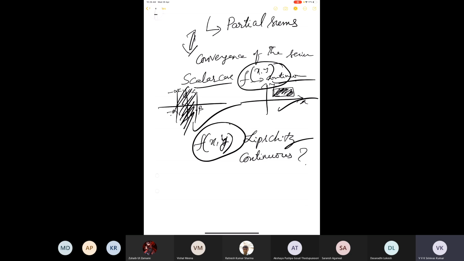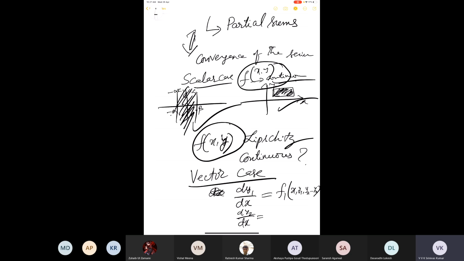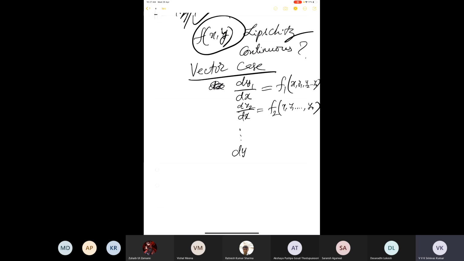So now the question is, what is the vector case? That is, instead of a single f, we are given a system of equations: dy1 upon dx is equal to f1 of x, y1, y2, and so on up to yn; dy2 upon dx is equal to f2 of x, y1, up to yn; and so on, up to dyn upon dx equal to fn of x, y1, up to yn.